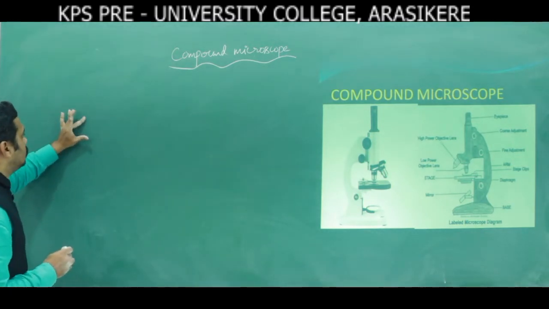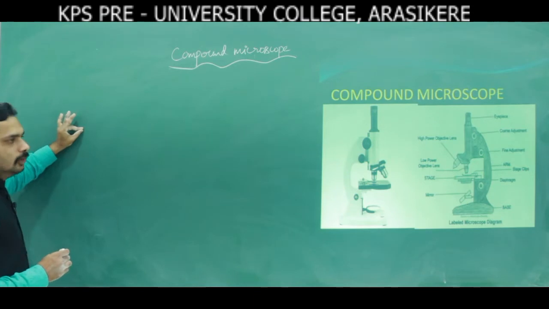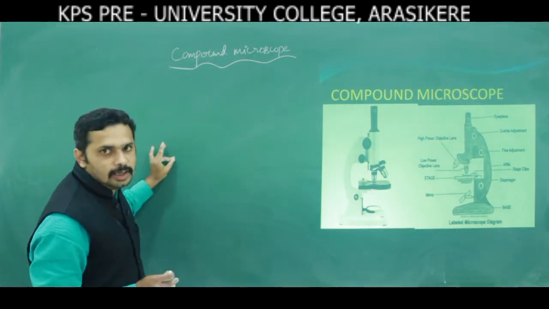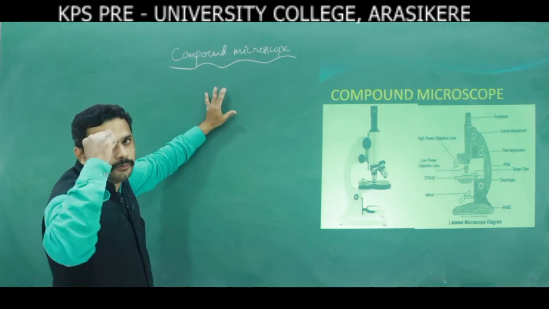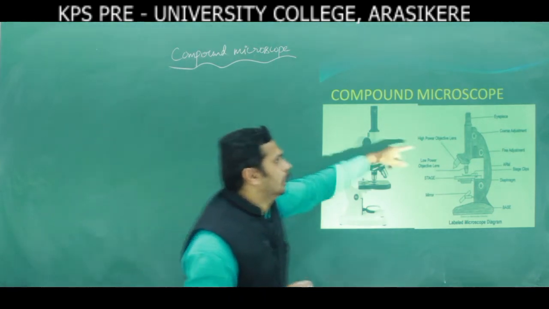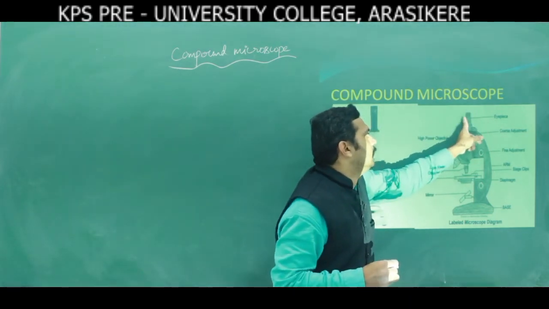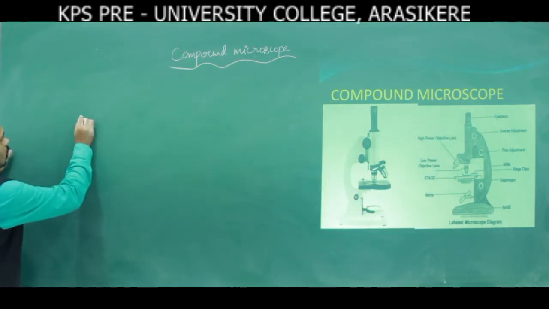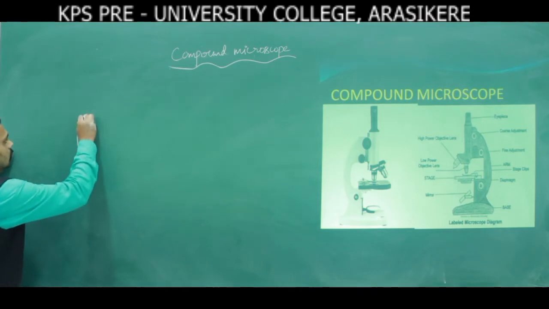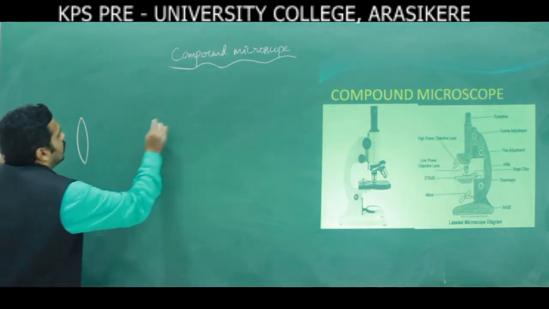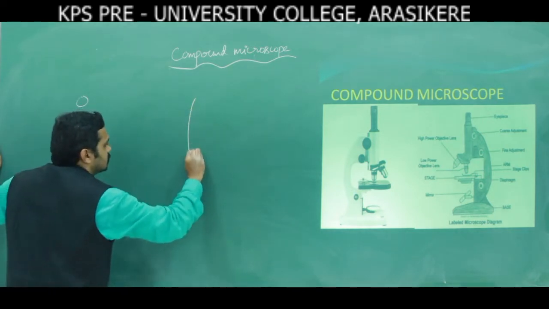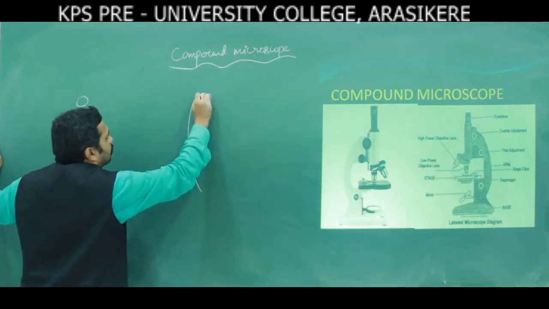One is the objective lens. Towards the object, we use one lens which we call the objective lens, to see the final image of the object with the help of our eye. Towards the eye, we use one lens, called the eyepiece lens. The compound microscope consists of two lenses: this is the objective lens, this is the eyepiece lens.